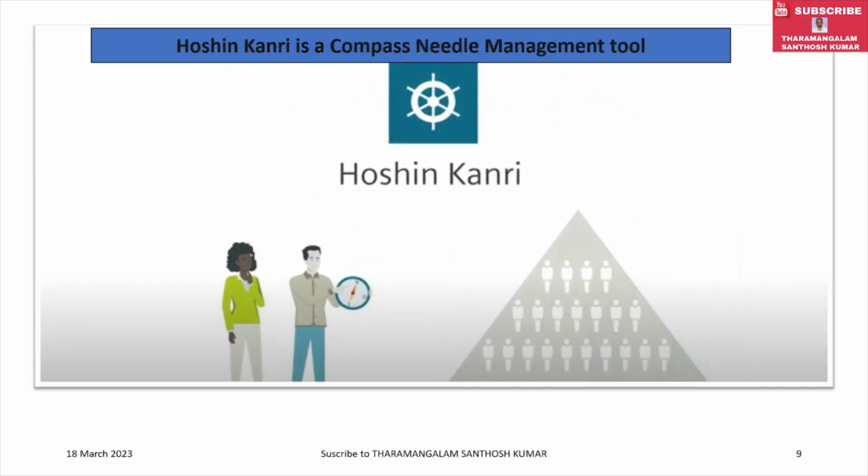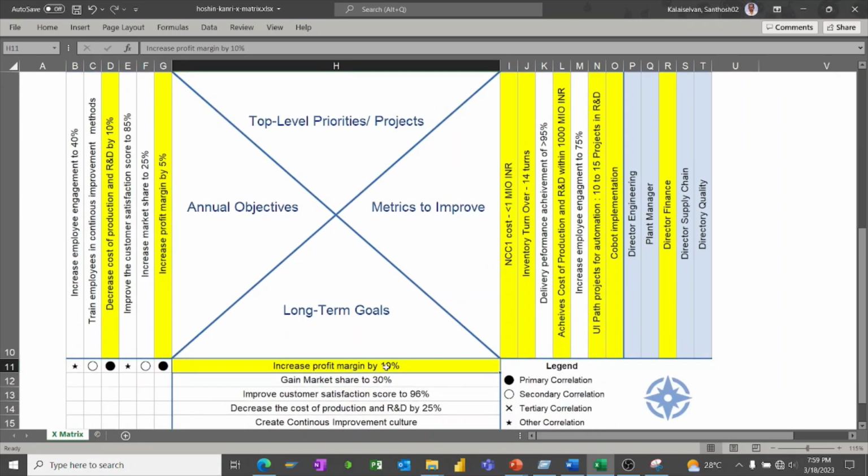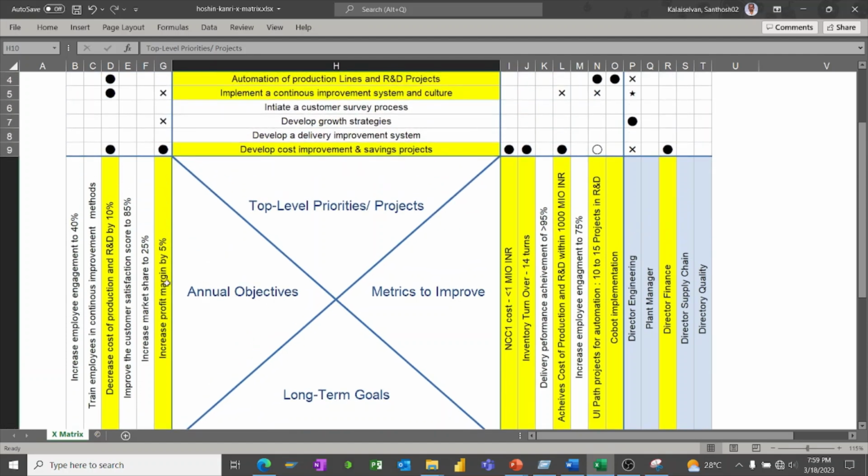Okay, so now he directs that Mr. Henry directs Martina to use this compass needle management, which we have filled here. So he explains this is the profit margin by 10% long-term goal, and whatever I explained to you, the annual objectives.